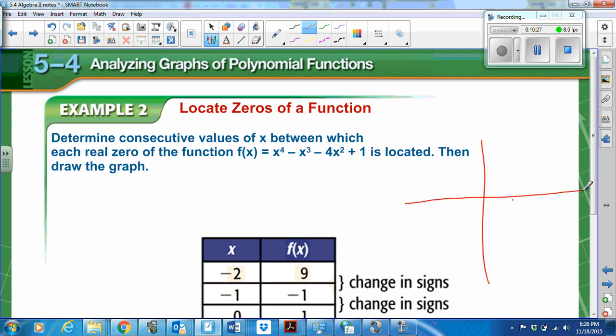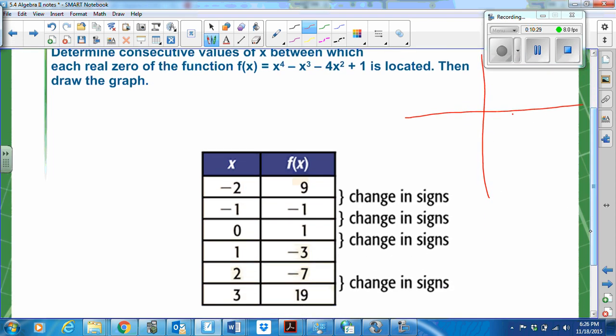But if I sketch a graph and I'm just using the table shown right here, I know that there is a 0 that occurs between -2 and -1. And then again between 0 and 1.